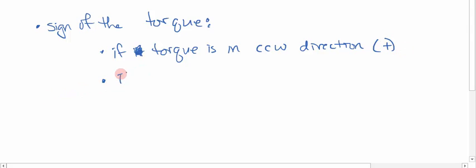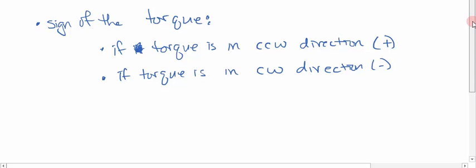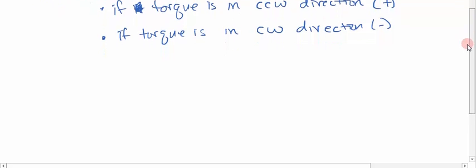And if the torque is in the clockwise direction, we say it's negative. That's just staying with our convention from before for the signs of these various quantities, like the angular acceleration and the angular velocity.